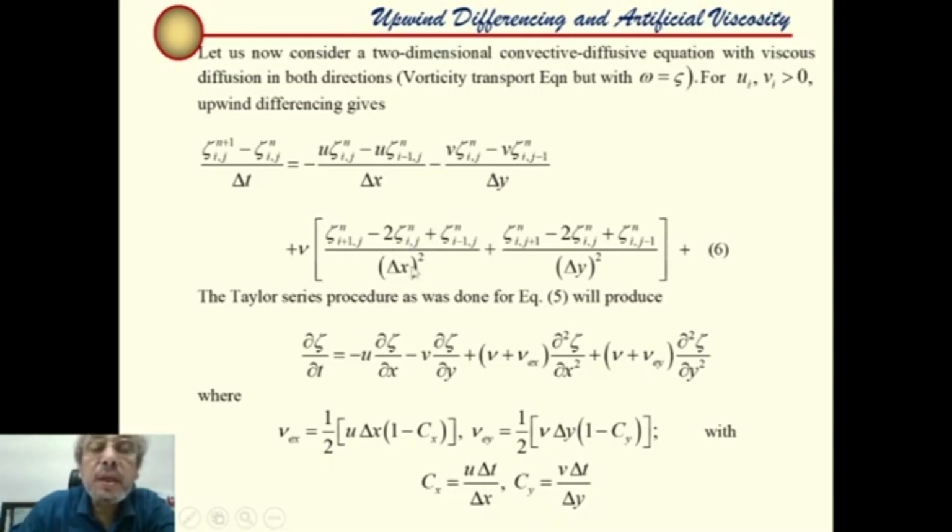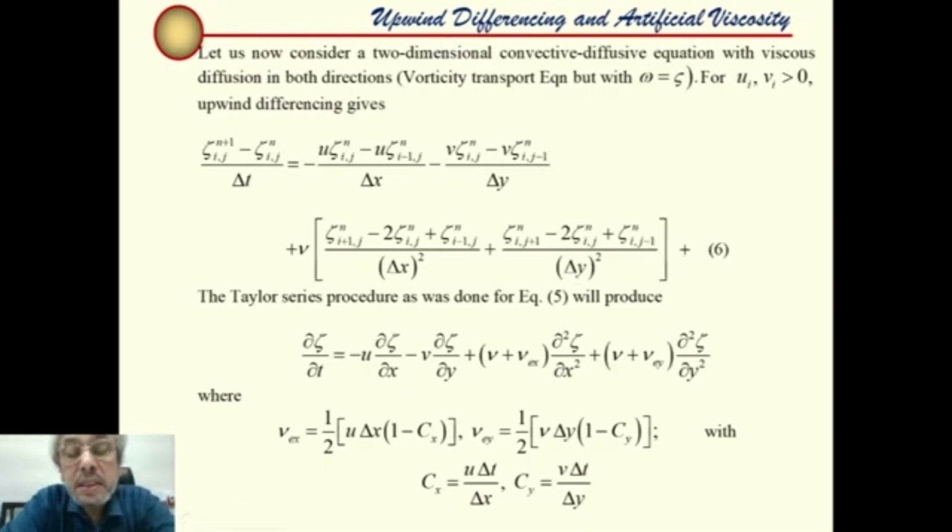This is simple: zeta i plus 1 j minus 2 zeta ij plus zeta i minus 1 j by delta x square. Similarly, zeta i j plus 1 minus 2 zeta ij plus zeta i j minus 1 by delta y square.